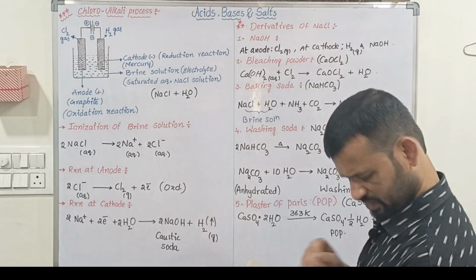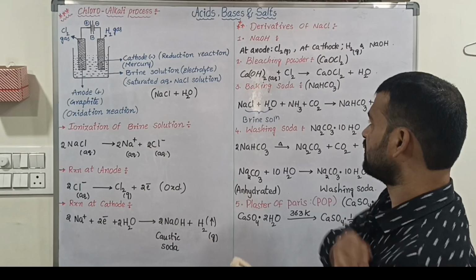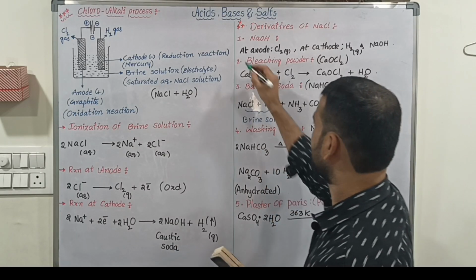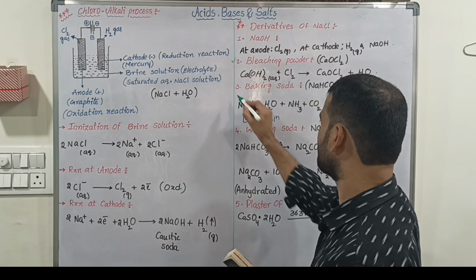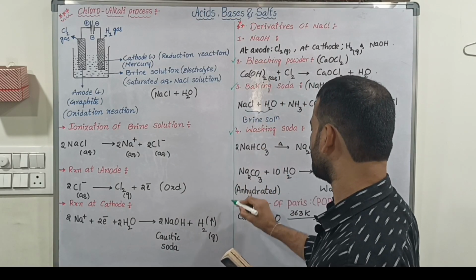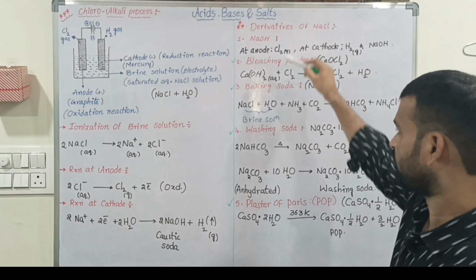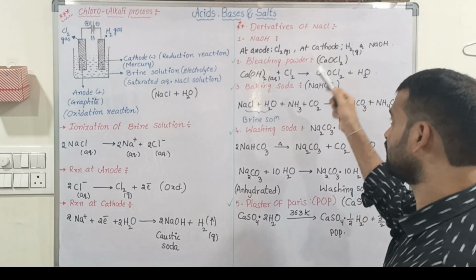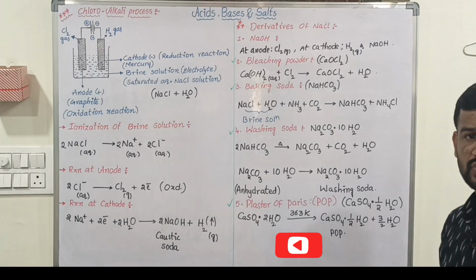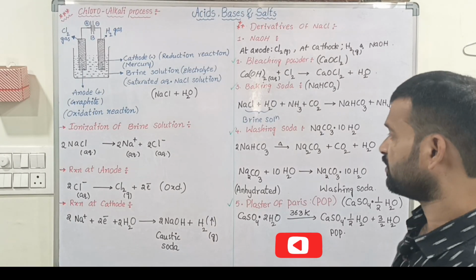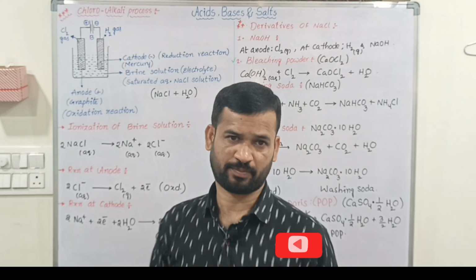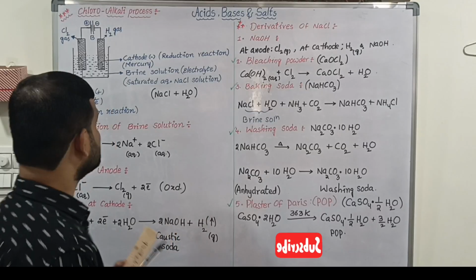The mainly important ones are bleaching powder, baking soda, washing soda and POP. They will ask the uses of these four derivatives. In objective questions they may ask molecular formulae. Understand?